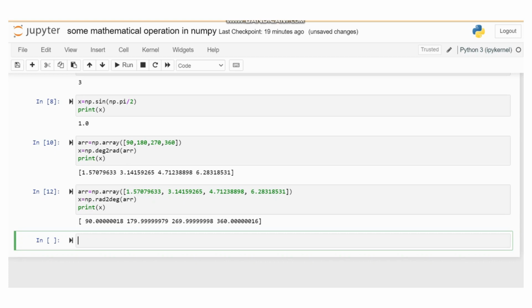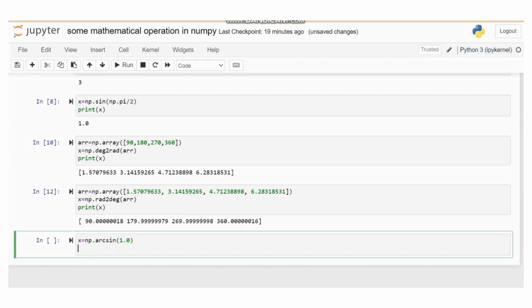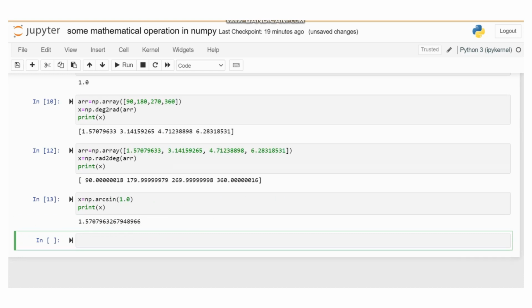I want to find the angle of 1. First create a variable with np.arcsin; the function returns the angle. Print x.